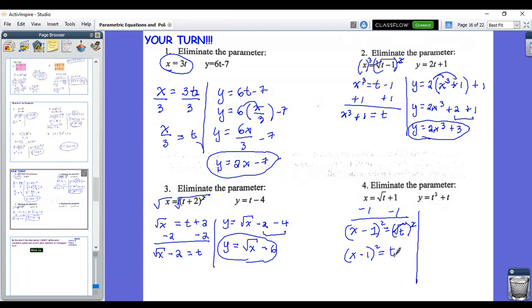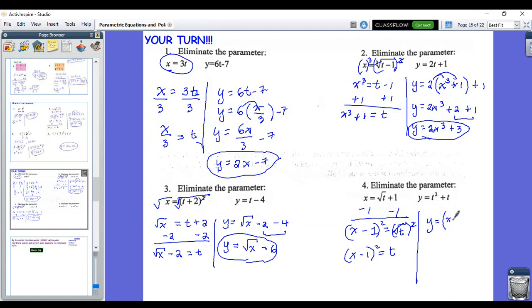So I can just plug that into my y. So that's going to be y equals. This is already a square, so I'm going to raise our x minus 1 to the second power by 2.